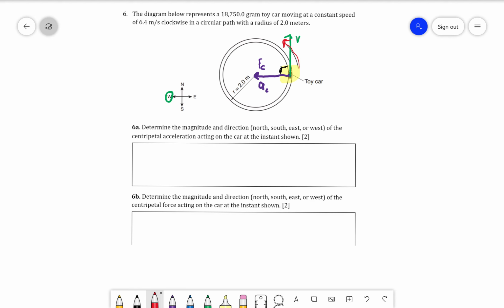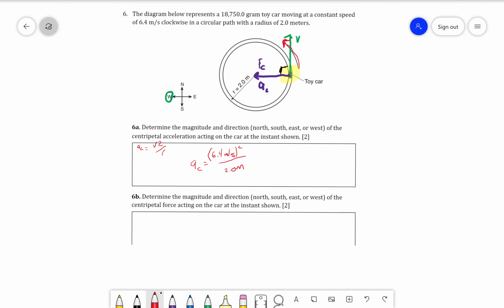Now we can actually get into solving for the centripetal acceleration. We know the formula, AC equals v squared over r. Centripetal acceleration equals velocity squared over the radius. So to find AC, we plug in 6.4 meters per second, square that, and put that over r, 2 meters.